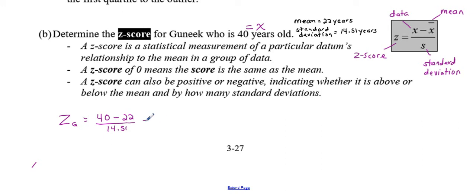When you calculate that, make sure you press equals before you divide by 14.51, and you should get 1.24. For rounding, make sure that you round to 2 decimal places.